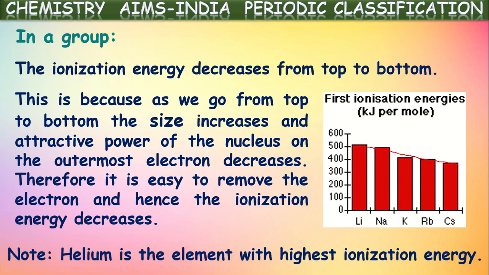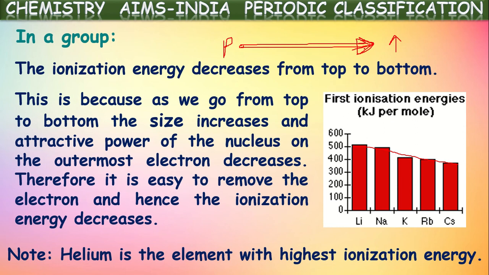So from these two summarizations, helium is the element with the highest ionization energy. Yes, we can say this because in a period from left to right, ionization energy increases, isn't it? So what is the element at the extreme right side of the period? Noble gas. So a noble gas will have the highest ionization energy in any period.